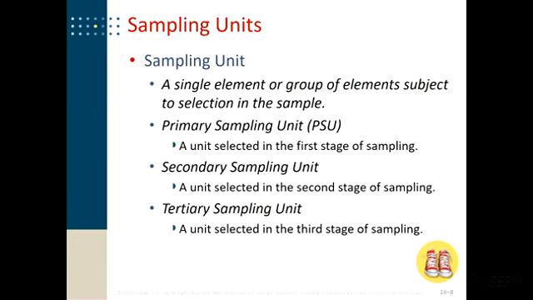What are these? To put it simply, to pick up an individual sampling unit, sometimes we follow multiple steps. We go for first stage sampling, second stage sampling, third stage sampling, and then we actually pick up our individual respondents.